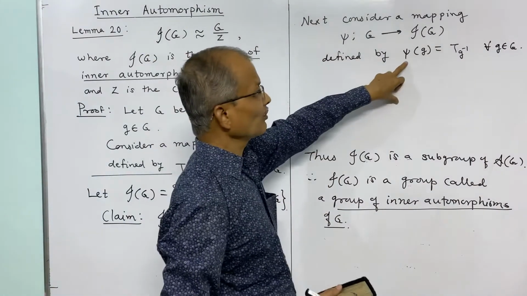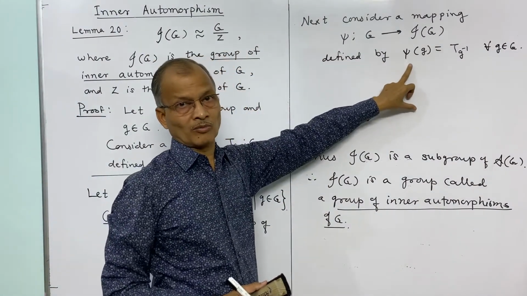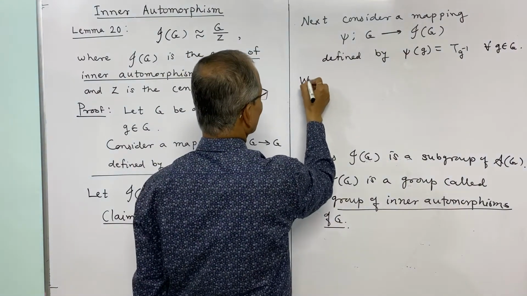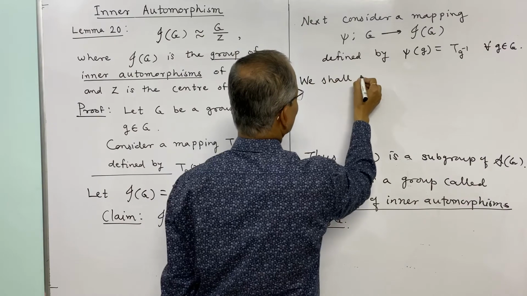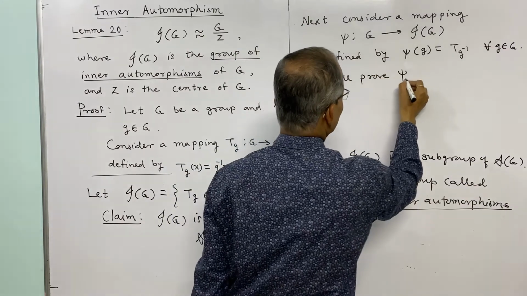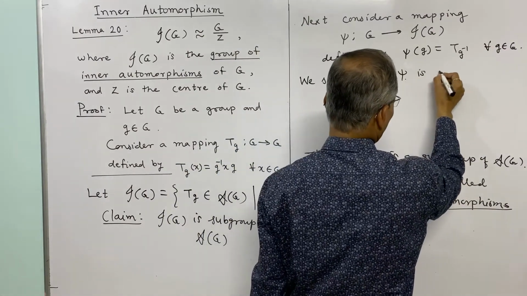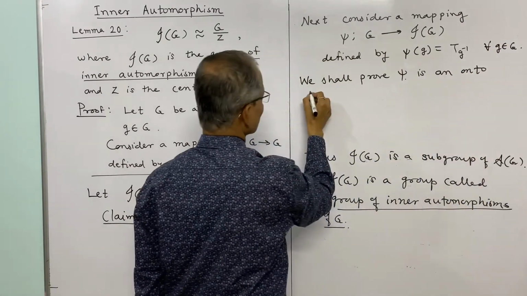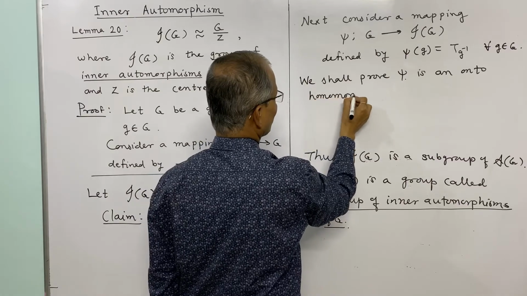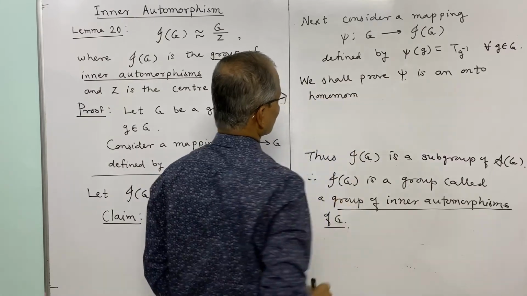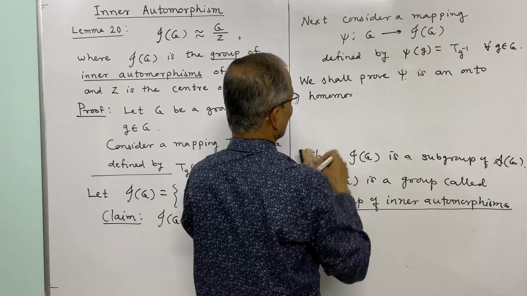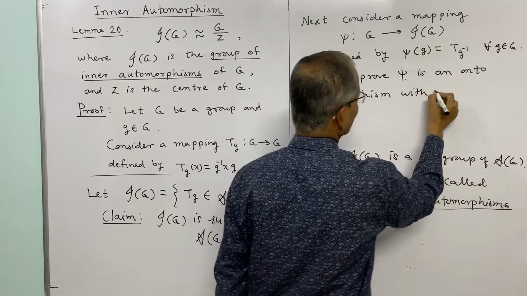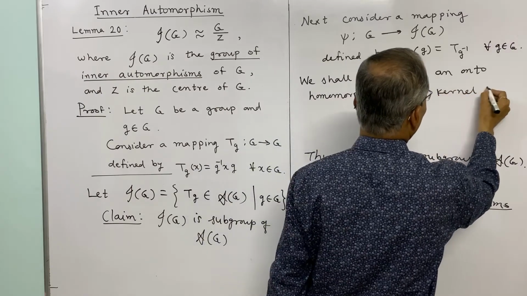Now what we shall prove is psi is an onto homomorphism. We need an onto homomorphism, and now we shall prove psi is an onto homomorphism with kernel Z. What is Z?